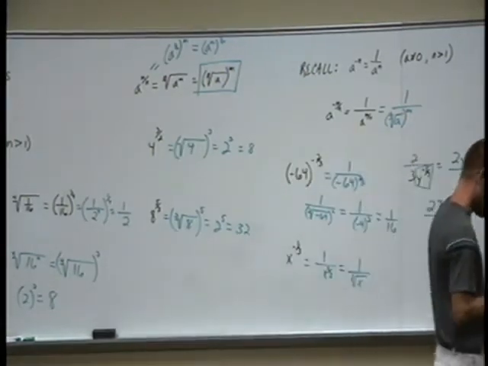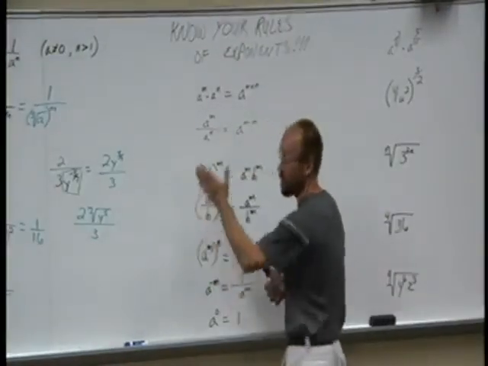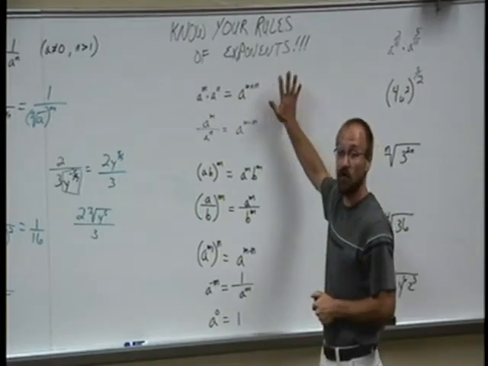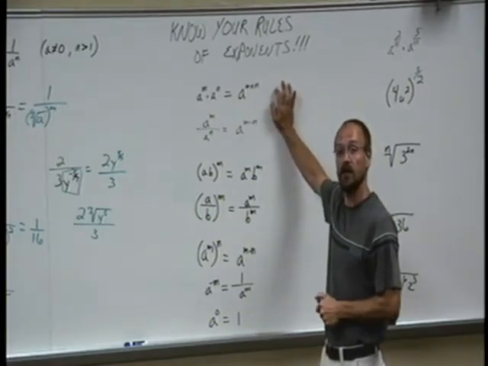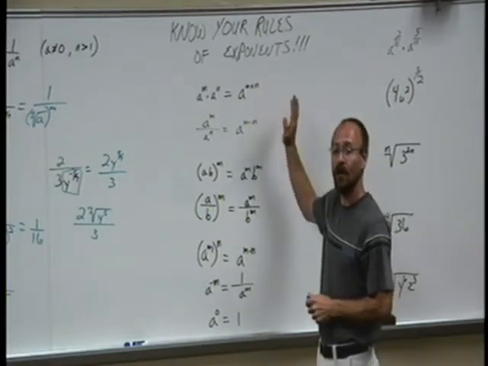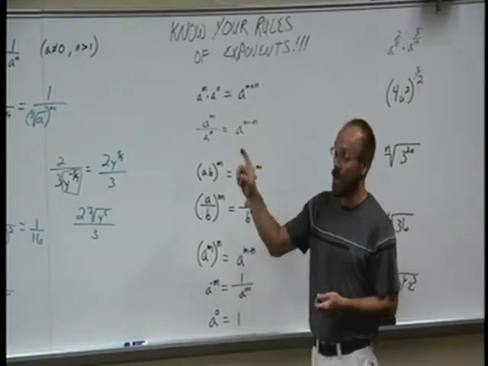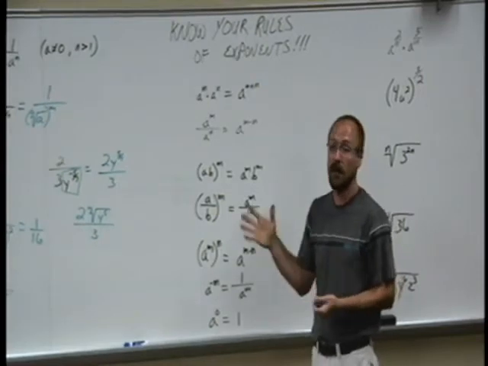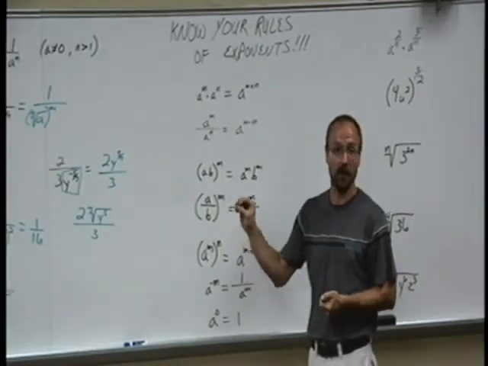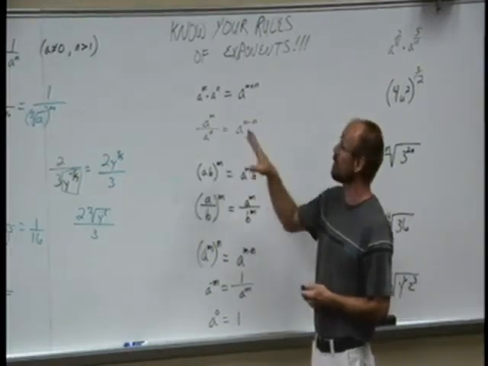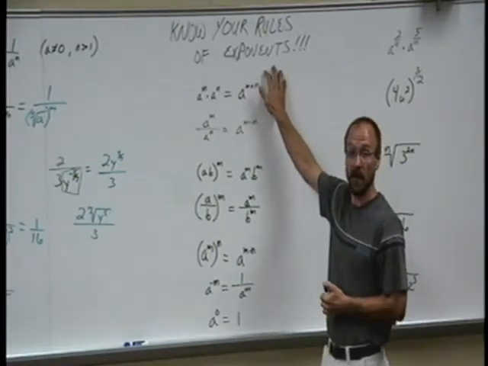All right, we've already seen some application of our rules of exponents, but I just want to stress how important it is to know your rules of exponents when dealing with radicals, because radicals are rational exponents, fractional exponents. Well, it doesn't matter if we're dealing with integers or fractions, they all follow the same rules. So radicals do follow all the rules of exponents.